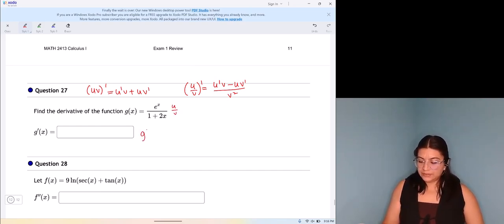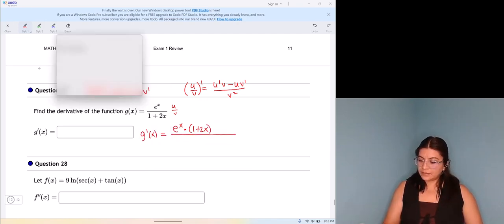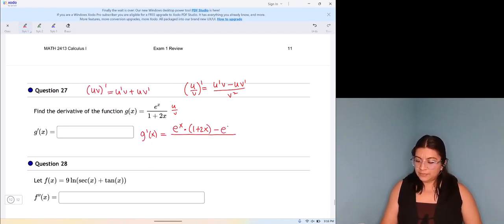So the derivative is the derivative of the top. The derivative of e to the x is just e to the x times the bottom minus the top times the derivative of the bottom, which is just 2, divided by the bottom to the second power.